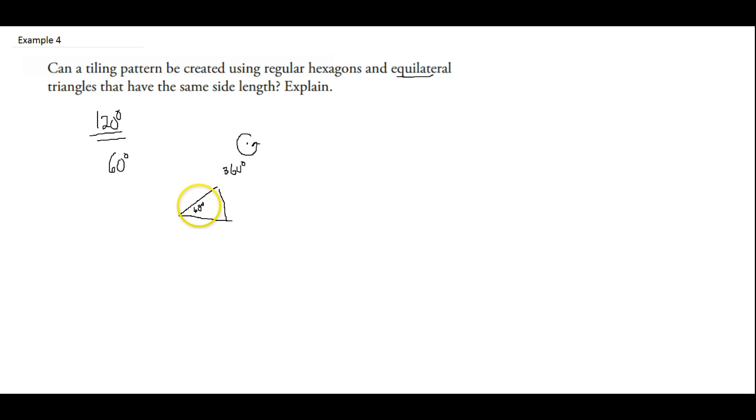So I could see here, oh yeah, look, we could just put in 6 of these, 1, 2, 3, 4, 5, and 6. That would work, so we could use 6 equilateral triangles.